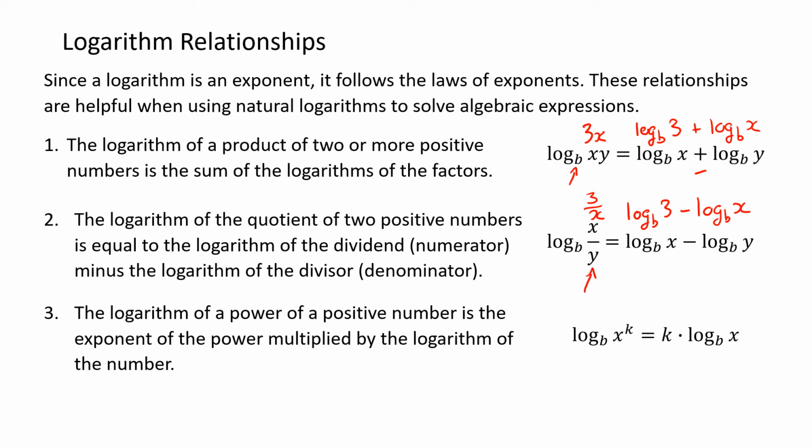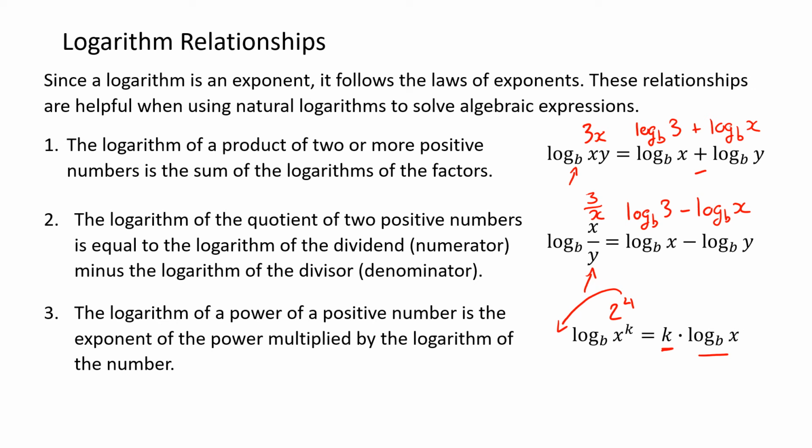Our last relationship is if you have the log of something raised to an exponent. So let's say you had 2 to the exponent 4. You can actually move that exponent in front of the log function and multiply it out. So it becomes the exponent times the log of just the base x.